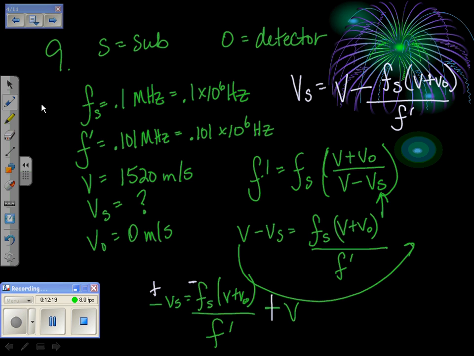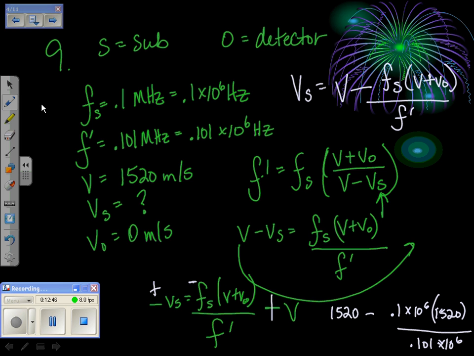So you need to take your 1520, subtract your 0.1 times 10 to the 6th. And then our speeds are 1520 plus 0, so that's just 1520, divided by 0.101 times 10 to the 6th.